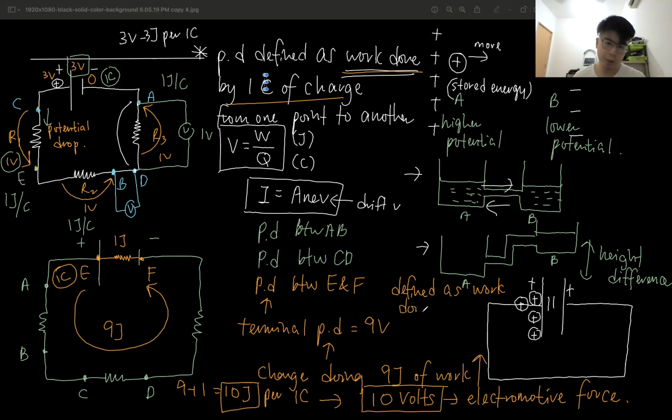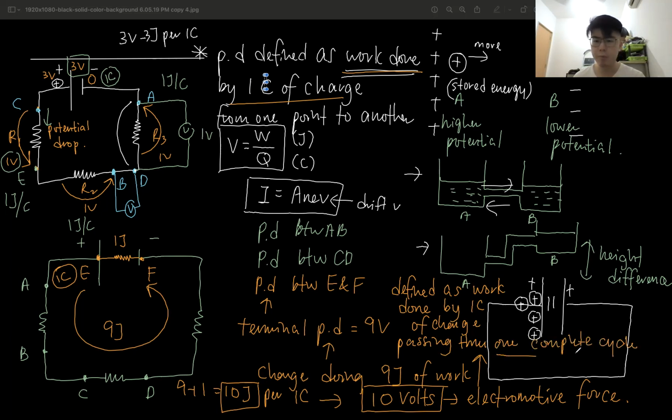We are also talking about work done by 1 coulomb of charge passing through 1 complete cycle. The keyword here is 1 complete cycle. Potential difference is from one point to another. EMF is 1 complete path.